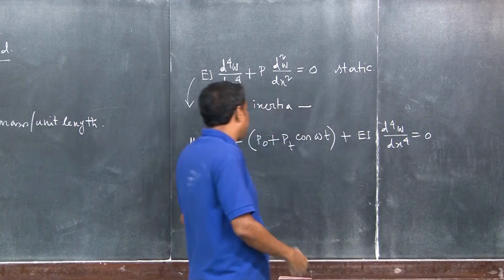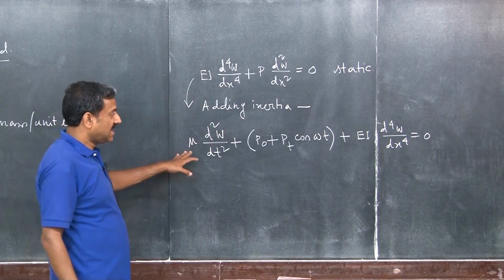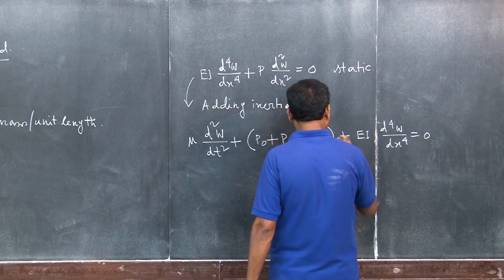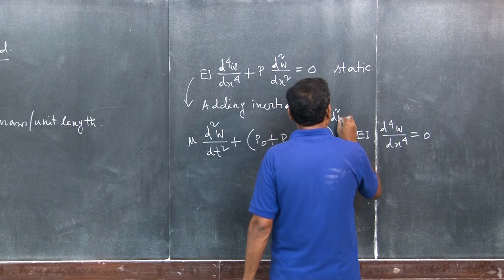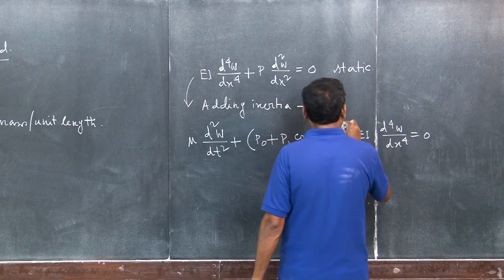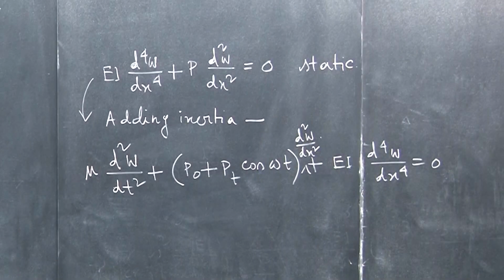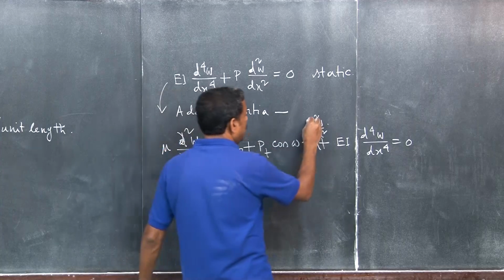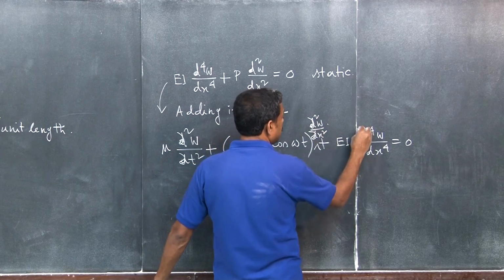That is the governing equation. Because w is a function of x and t, it will appear in partial derivatives, so let me write it in partial form.